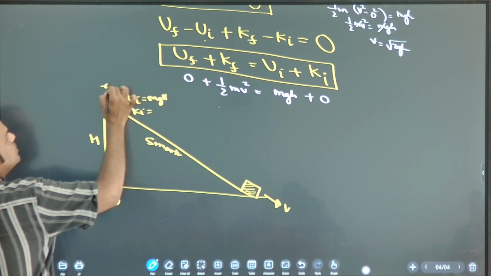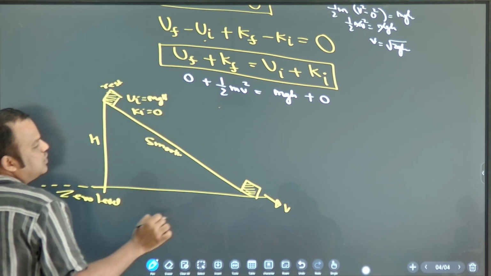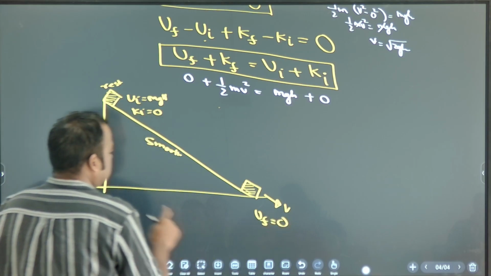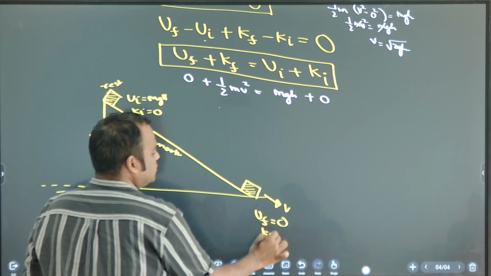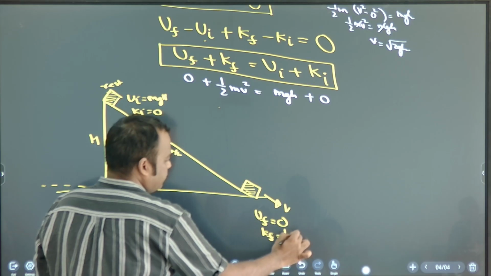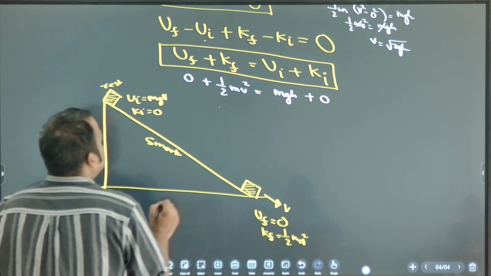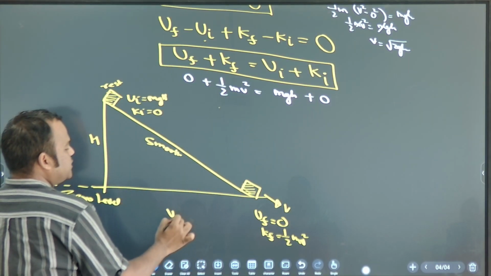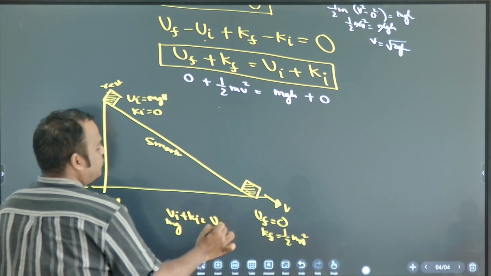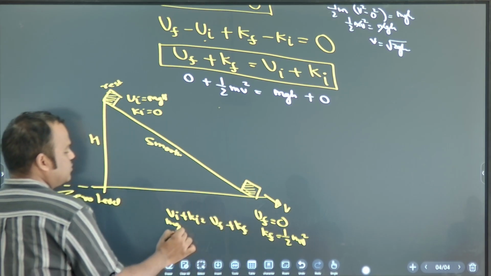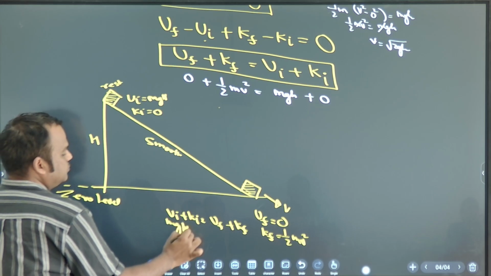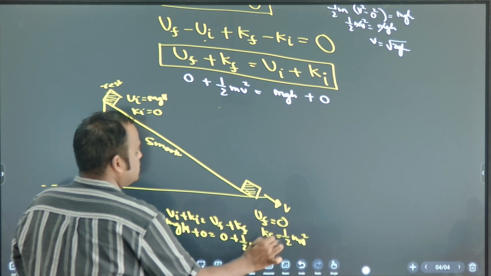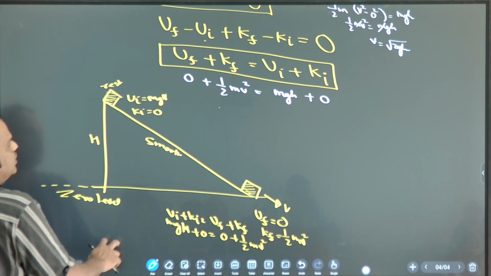It is at rest, so K initial is 0. What is U final here? 0. What is K final? Half mv square. Now the same formula: U initial plus K initial is equal to U final plus K final. So mgh plus 0 is equal to 0 plus half mv square. Clear? Note down.